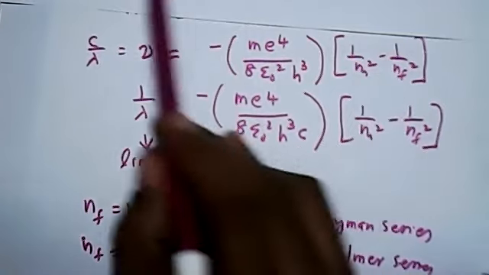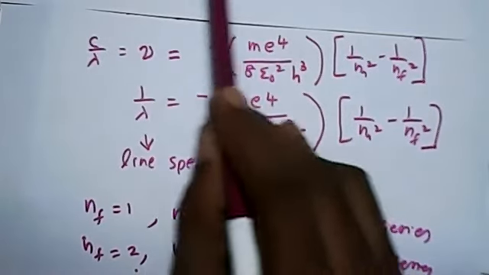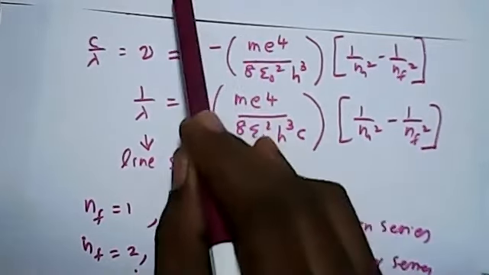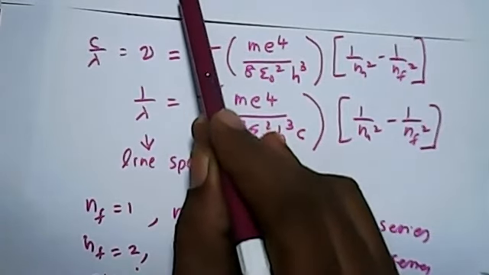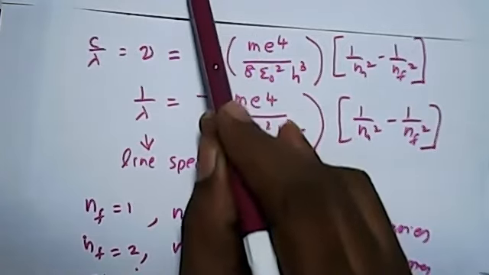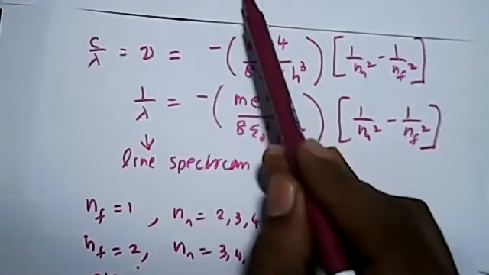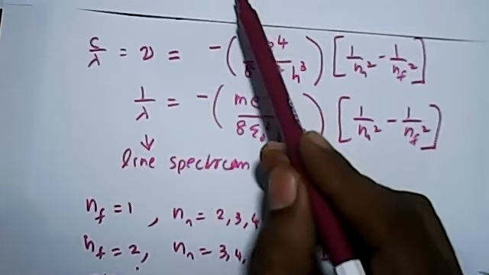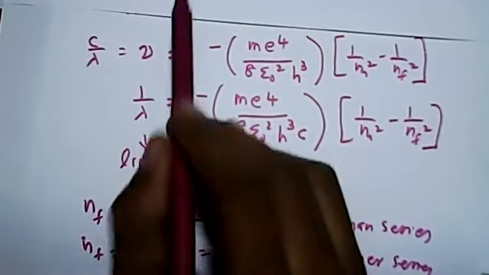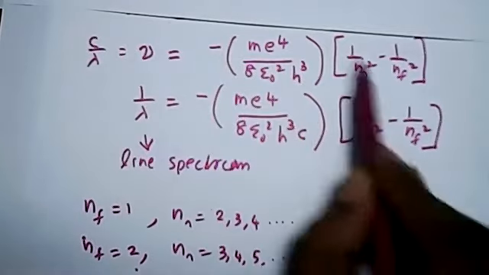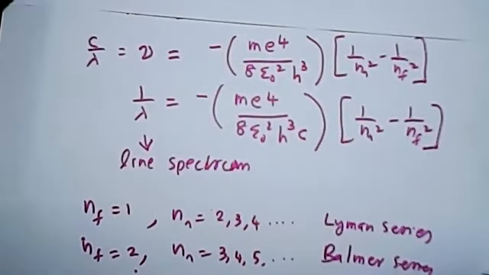And this is the frequency of the electron orbiting in an orbit Rn, the nth orbit. This is the frequency of oscillation, and this is the frequency of radiation.